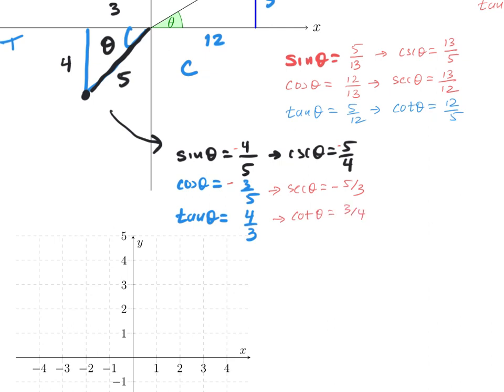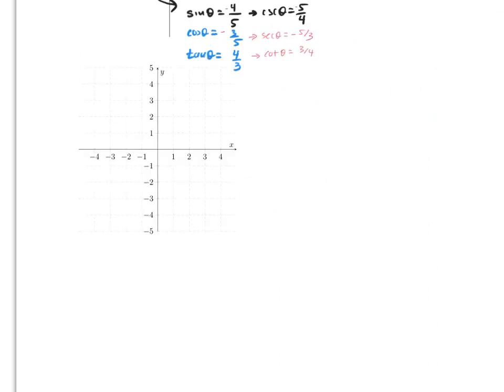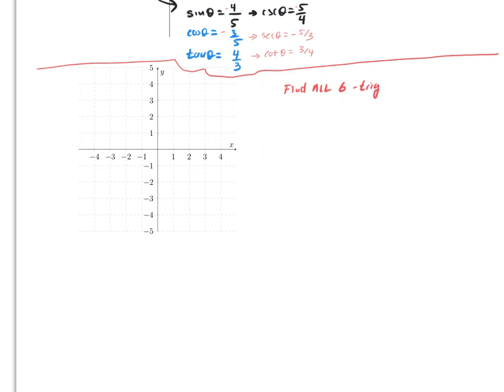And that's it. All right, so now let's do a slight version of this. Let's say that the question asks you to find all 6 trig identities, and it tells you the angle stops at the point minus 2, 4, something like this.